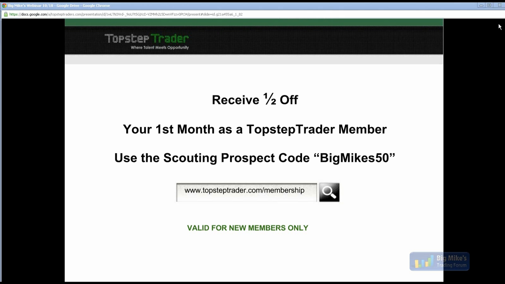Options trading is something that I have not done for quite some time. And whenever I did trade options, it was basically if I had a position in the S&Ps, back when I held things a little bit longer and a little bit bigger, that I wanted to protect. If I had a winner on and I was convinced that maybe we were near a top, if I was long, I might take a look at buying a couple of puts to hedge that position if the market did turn around, or sell a couple calls.